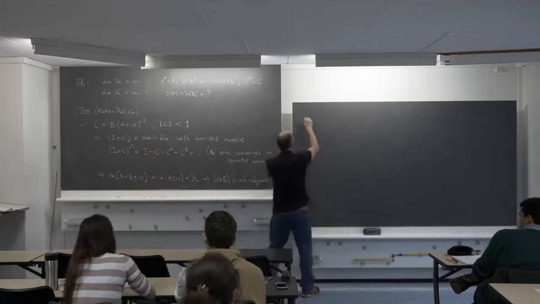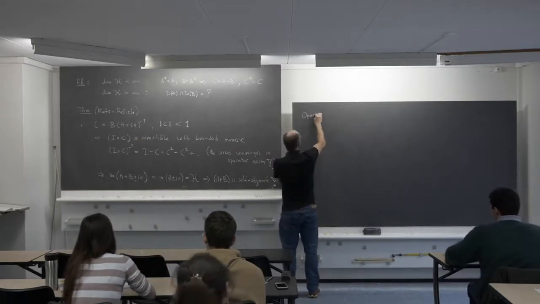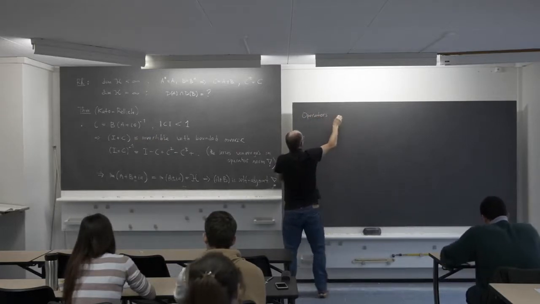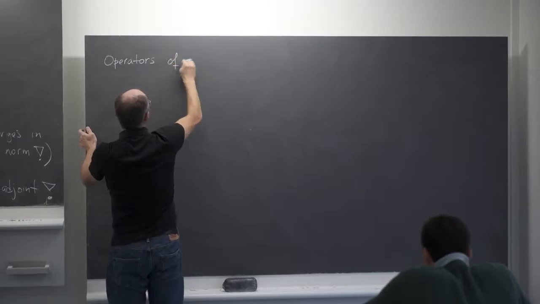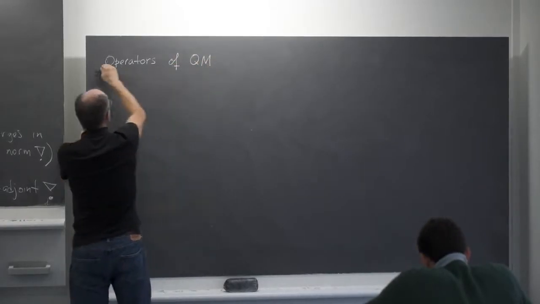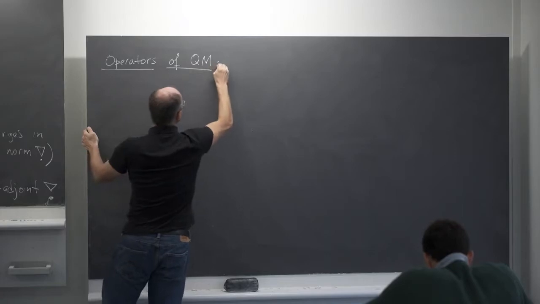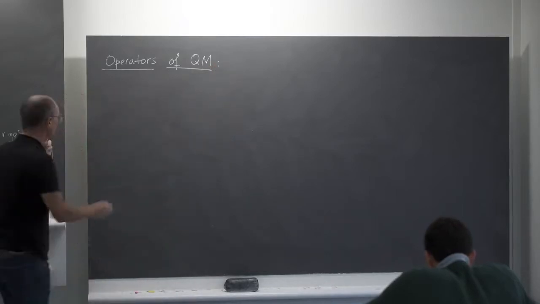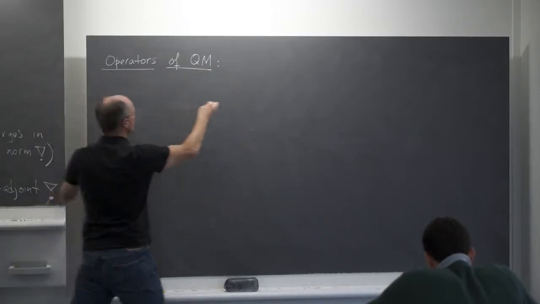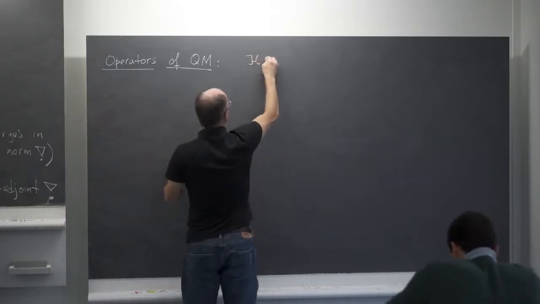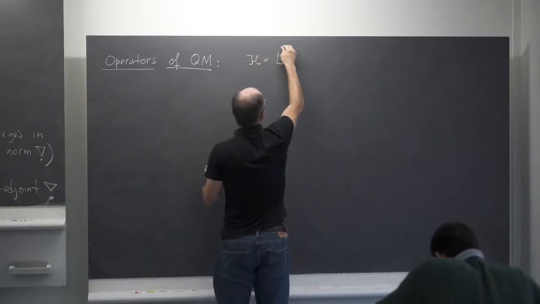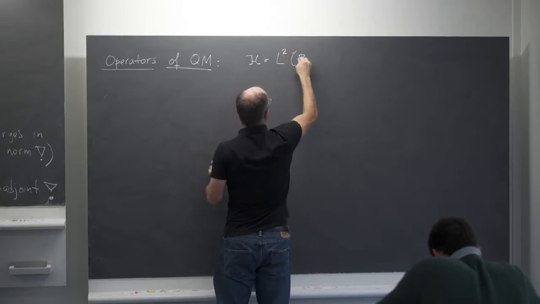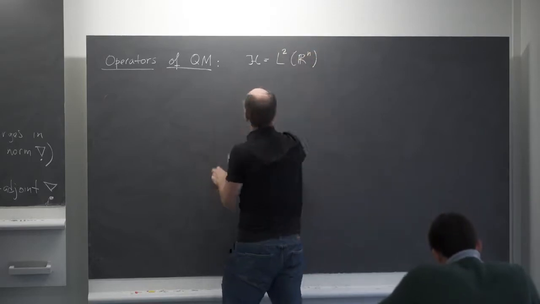Okay, so something about operators which are popular in quantum mechanics. One thing which is very popular: we can take H to be L2 of R^n.